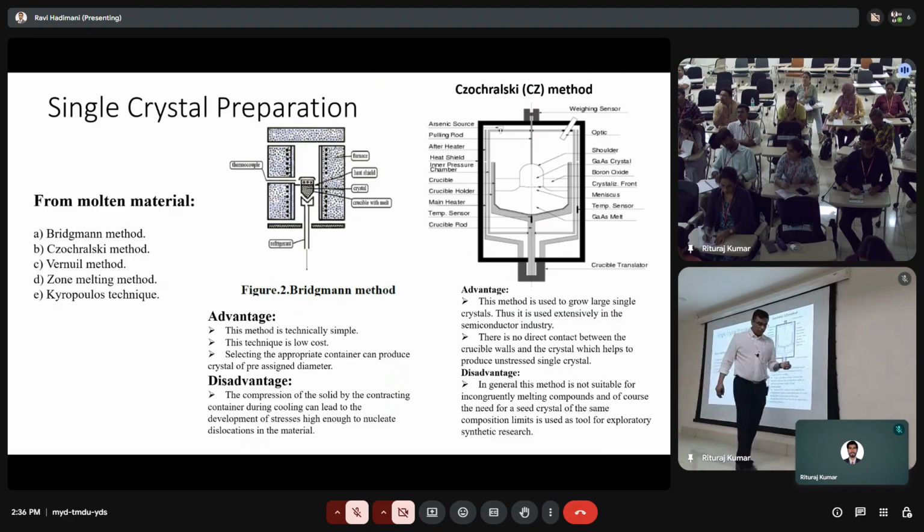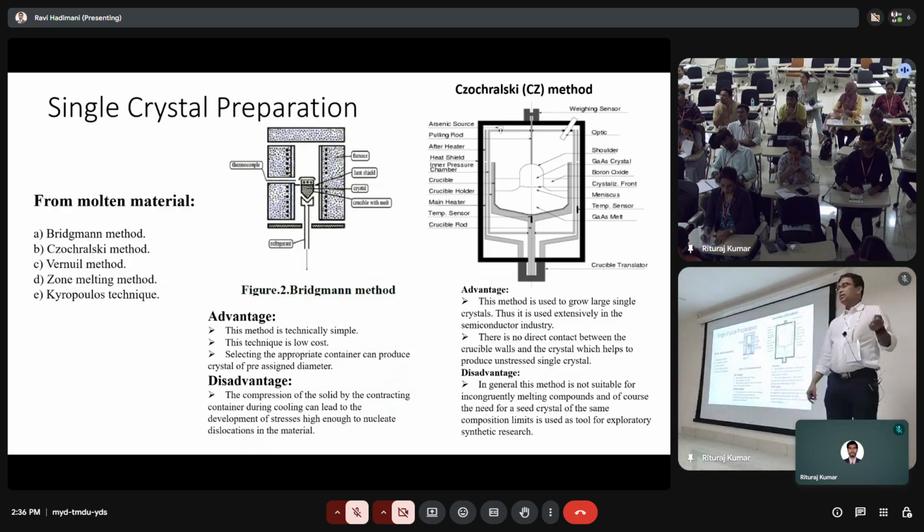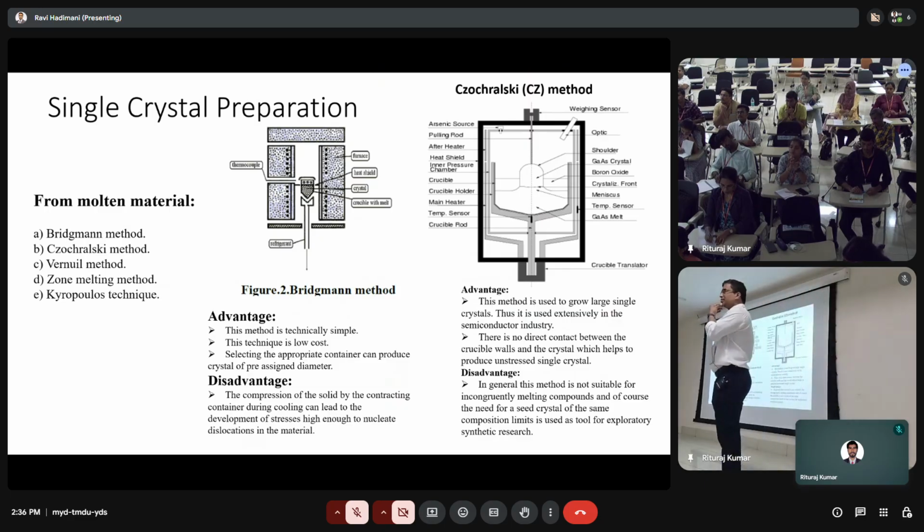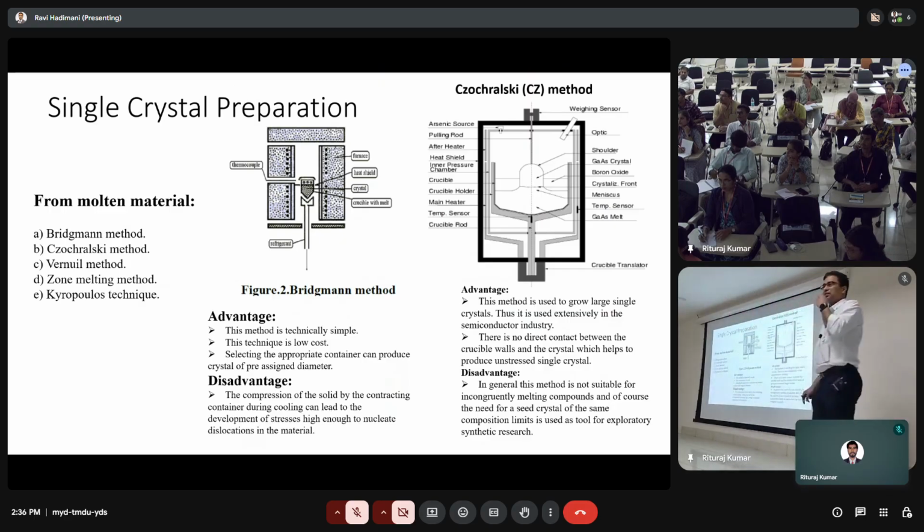Okay, so what is the difference between single crystal and polycrystalline material? We went over it quickly in the first class. We are talking about single crystal and polycrystalline, right? What's the difference?